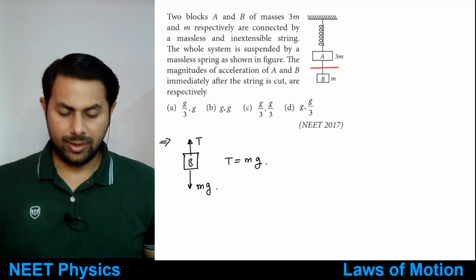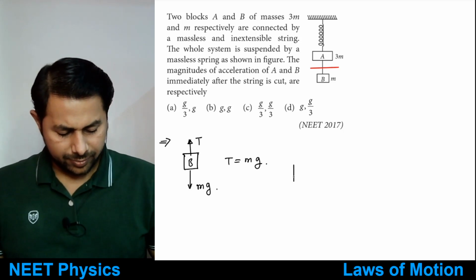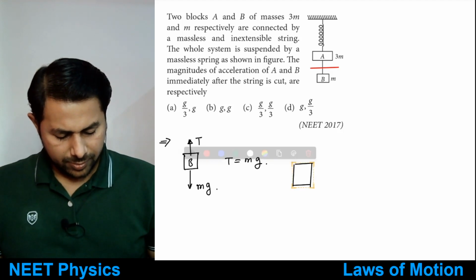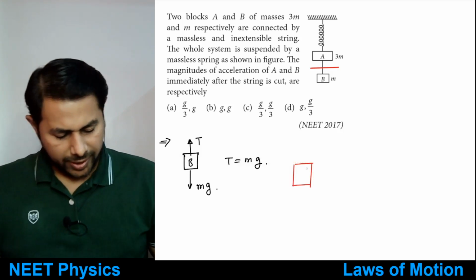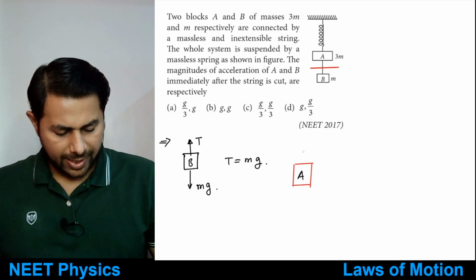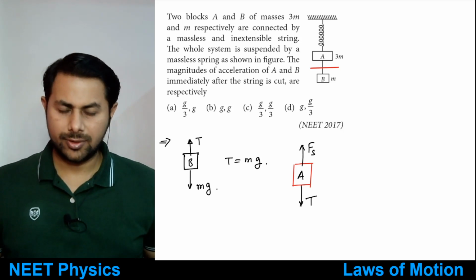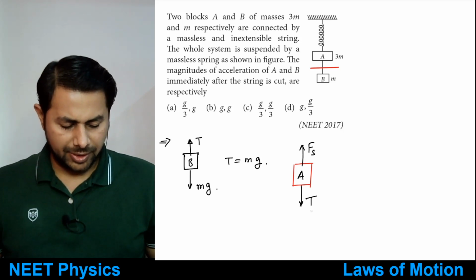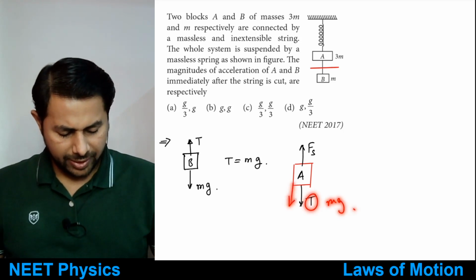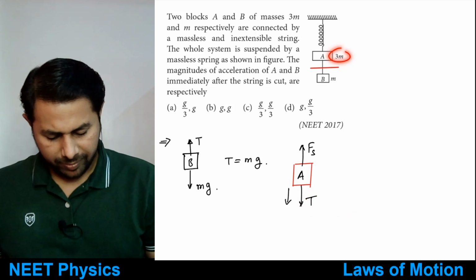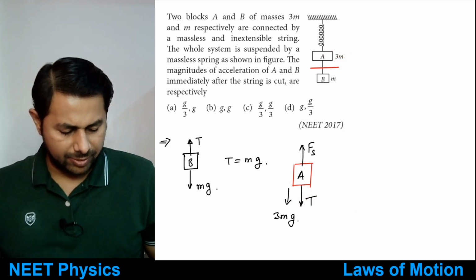This is for B. Then for A, what will happen? This is A, the spring force acts upwards. Let's say this is Fs, and tension acts downwards. Tension is equal to mg and its weight also acts downwards. Its mass is 3m, so weight is equal to 3m times g.